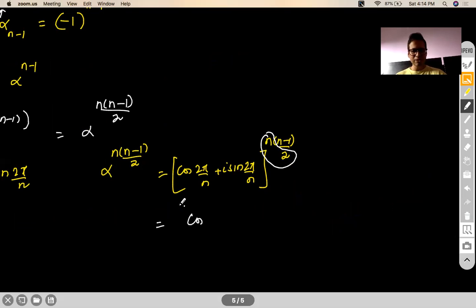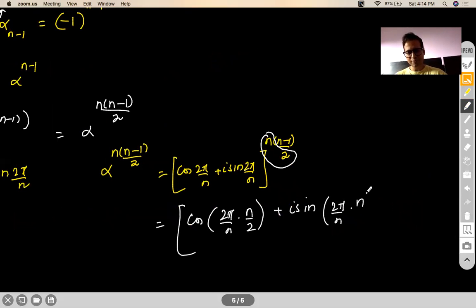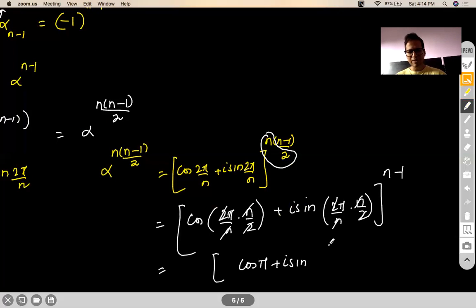So it will become (cos 2 pi by n into n by 2 plus i sine 2 pi by n into n by 2) to the power of n minus 1, isn't it? So n gone, 2 also gone. So you end up getting (cos pi plus i sine pi) to the power of n minus 1. This is straight away (-1) to the power n minus 1. Right? Any questions? Any questions that you have over here?